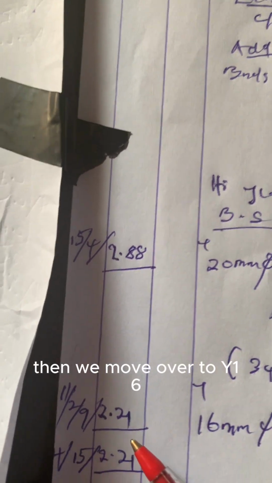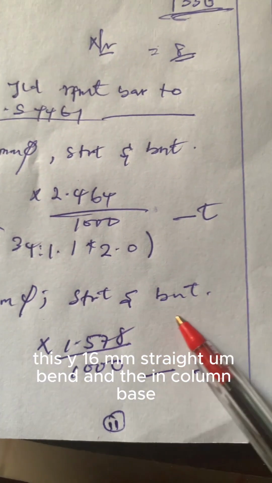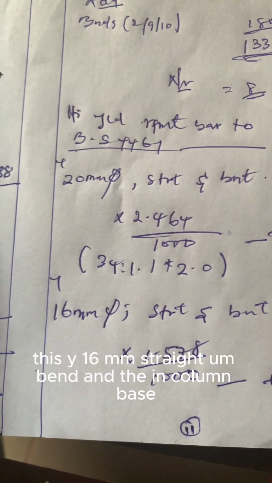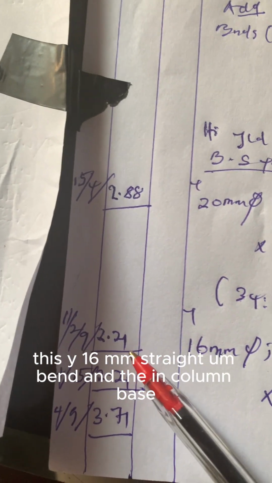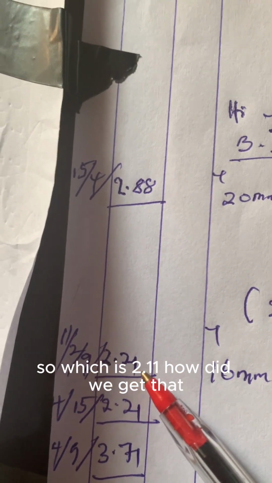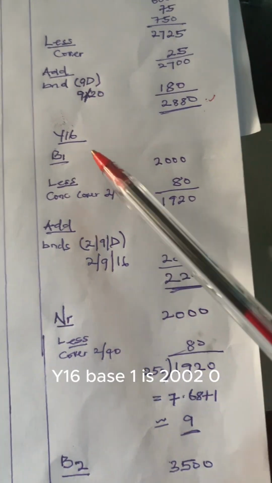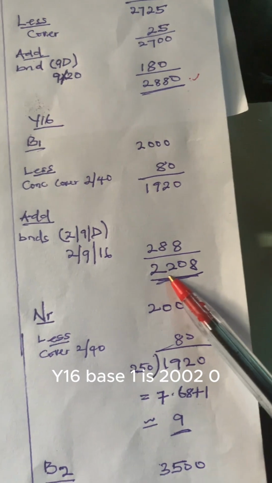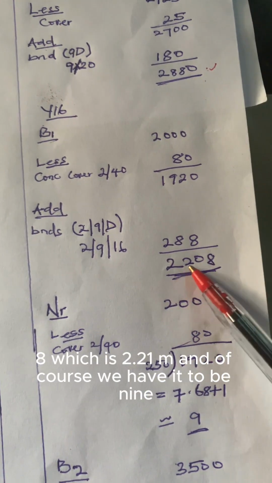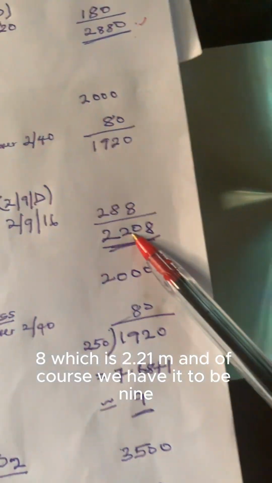Then we move over to Y16. This Y16 straight bend in the column base is 2.11. How did we get that? When we measured for our Y16 in base 1 it is 2,208, which is 2.21 meter.